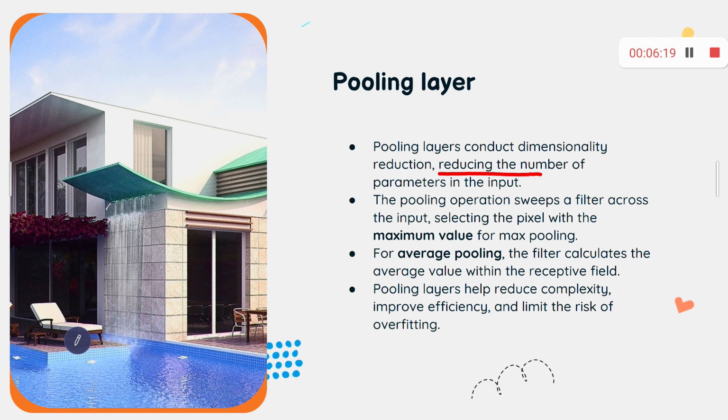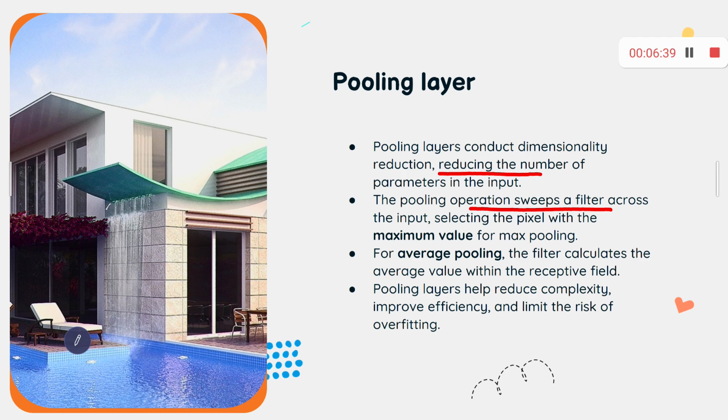So the pooling operation is just like the convolution one, where it also sweeps the filter or kernel across the feature array to get the dimensionality reduction. But it is not a dot product.